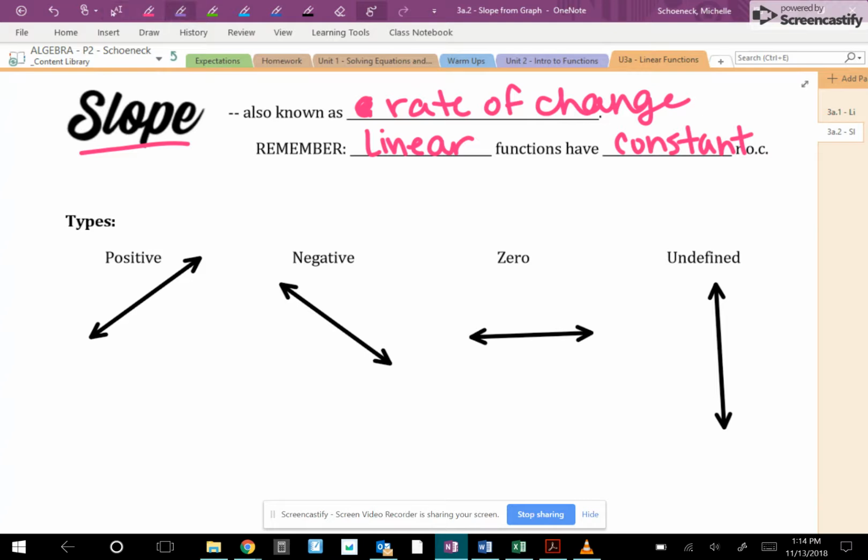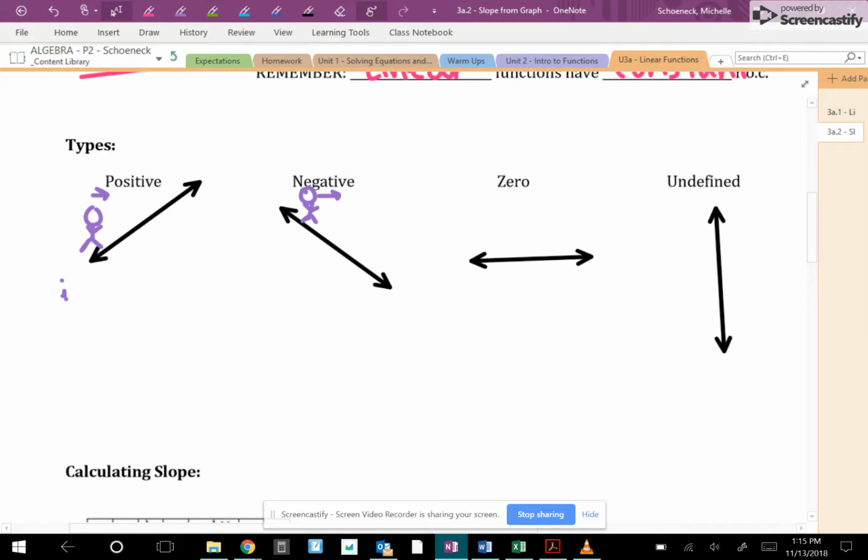There are 4 different kinds of slopes. If we think of a little man on each of these walking towards the right, he is either walking uphill, where he's got a positive slope, and this is when there is an increasing interval. He could be walking down the hill, a decreasing interval, which is a negative slope.